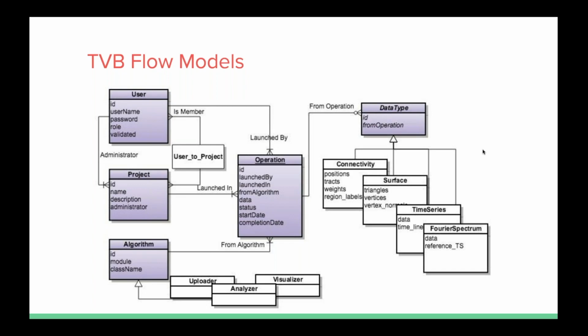So a project is a container, from our perspective, of operations and their results, which are in the form of data types. And one user can share this unit of grouping with other users, which are called members of that project. We envision this as a lab having a study case, and then sharing that study case with all the members in that lab.